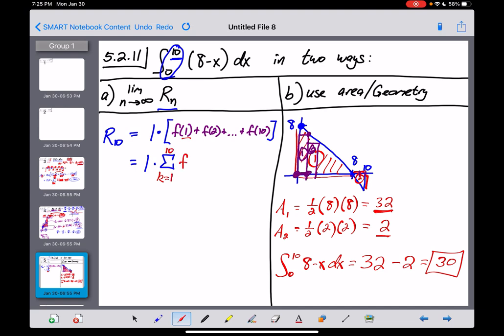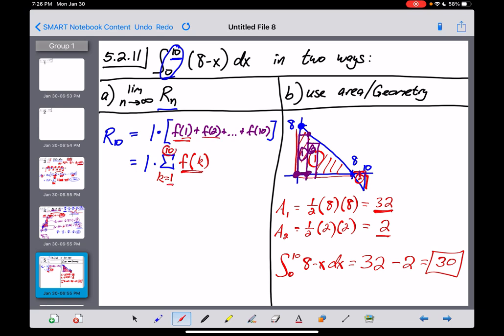The height of each rectangle is going to be f of, now our delta x value we said was 1, so that's just 1k, and then usually you have to add or subtract something at the end, but not in this case. When you start with k equals 1, this becomes f(1), which is exactly what we wanted. Then when k is 2, this is f(2), got it?